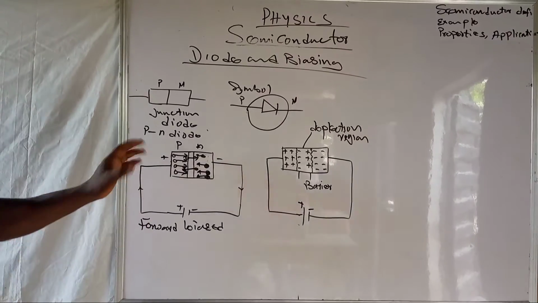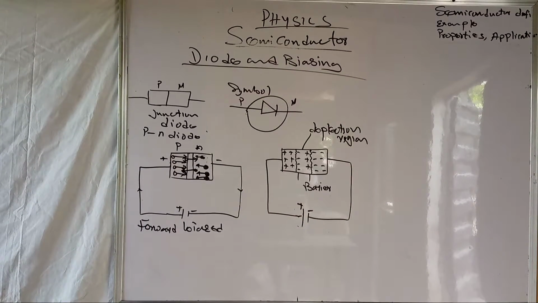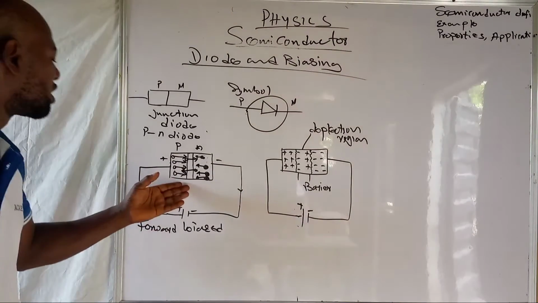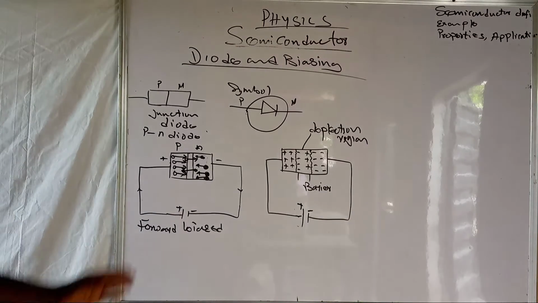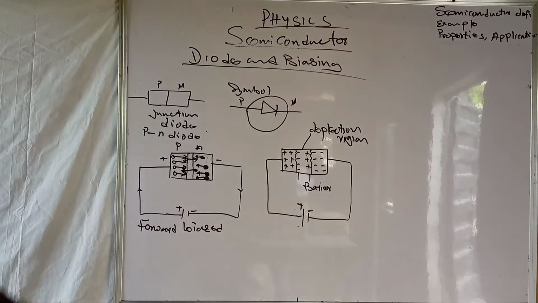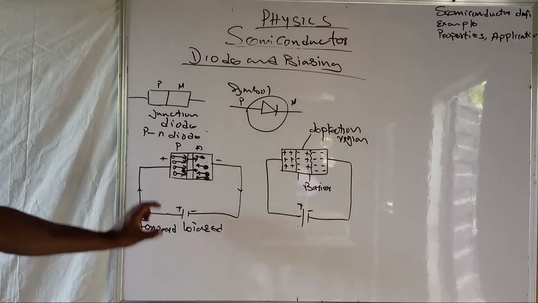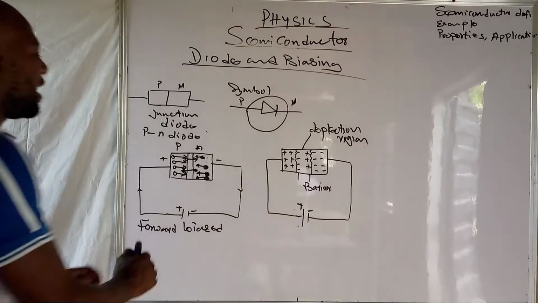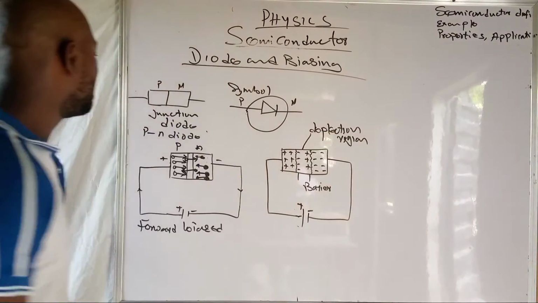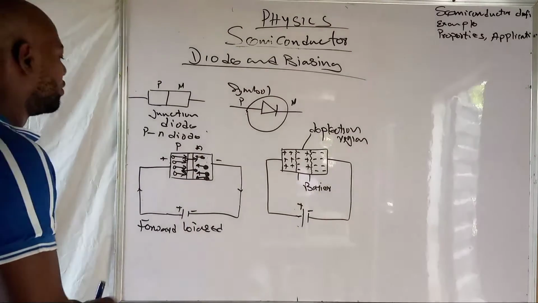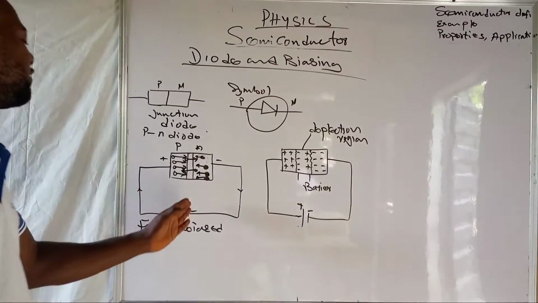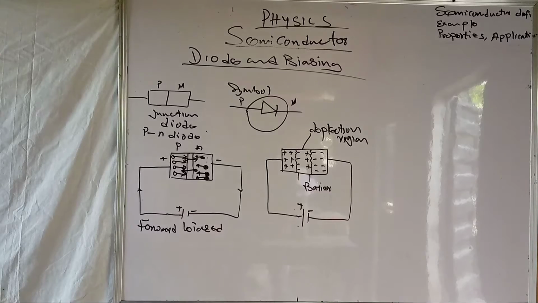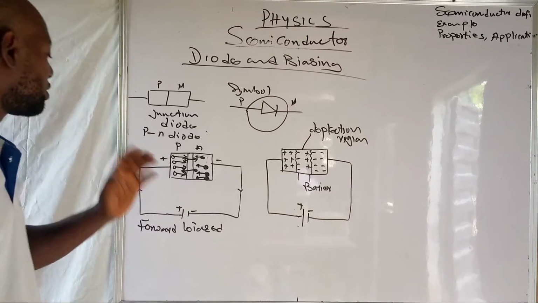semiconductor. In biasing a semiconductor diode, the PN diode, this is for forward biasing. In forward biasing, the positive terminal of a PN junction diode is connected to the positive terminal of a voltage supply, that is a battery, while the negative terminal of the PN diode is connected to the negative terminal of the voltage source.